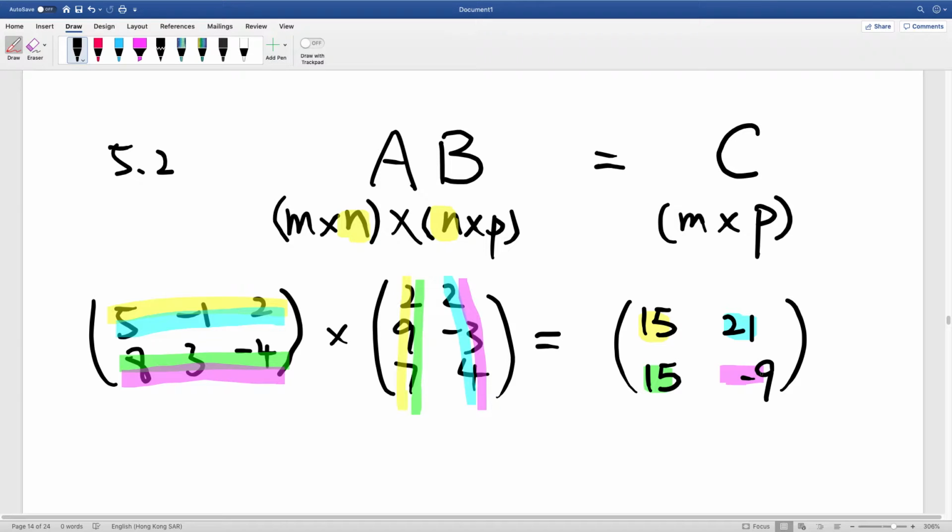Now if you use your calculator, press menu, and then there's a matrix option. It asks you to define matrix A, B, C, D. First of all, define matrix A. The number of rows here is 2, number of columns is 3, and then just put in the numbers.